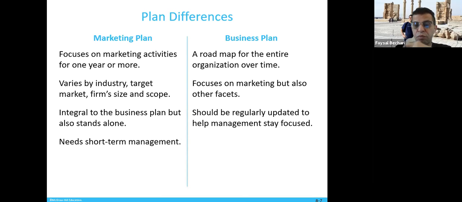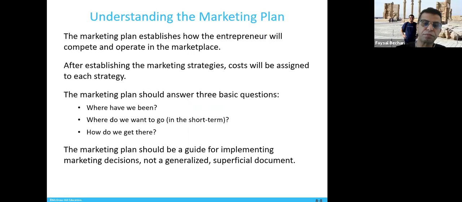It focuses on marketing, but also has other facets. The marketing plan is part of the business plan, but you can have it stand alone. The business plan has other facets like an operational plan and a financing plan, and should be regularly updated to help management stay focused.